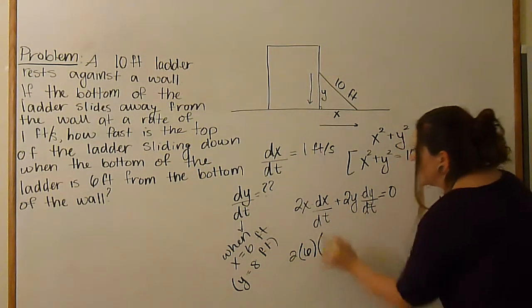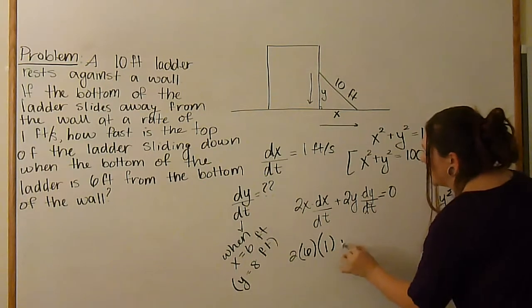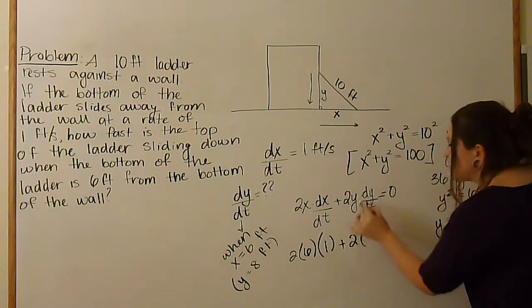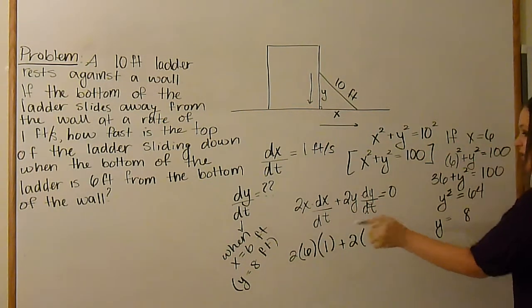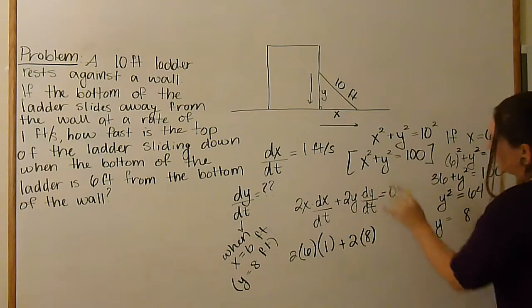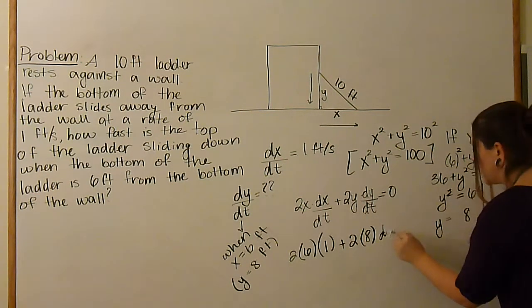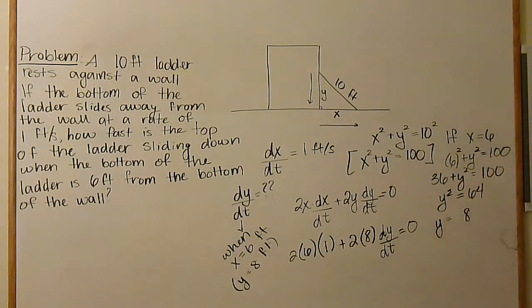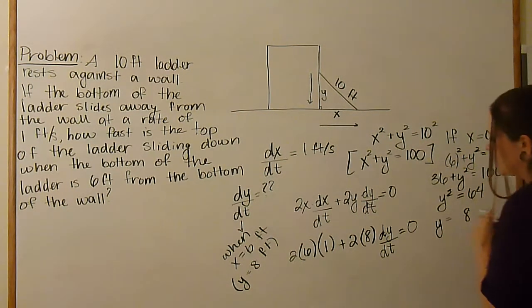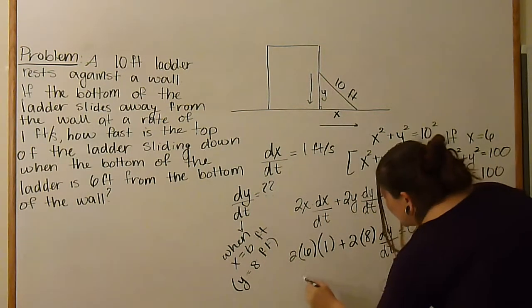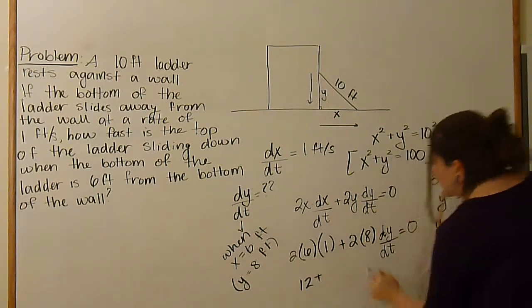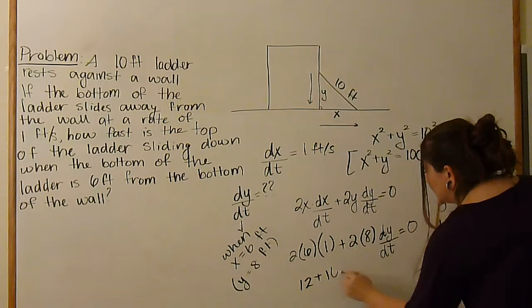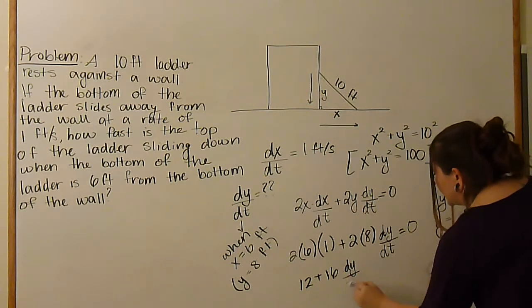dx dt they gave us was 1. 2 times y, we know that when x is 6, y has to be 8. dy dt, that's what we're looking for. And we know this thing equals 0. So now we just have to solve this. So 2 times 6 times 1, that is 12, plus 16 dy dt.